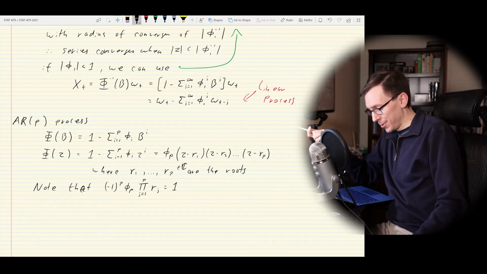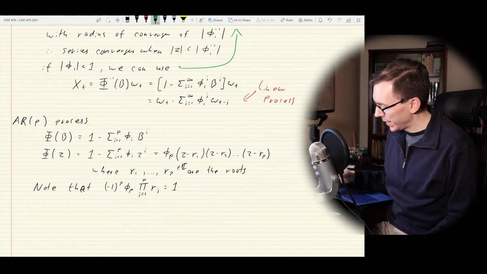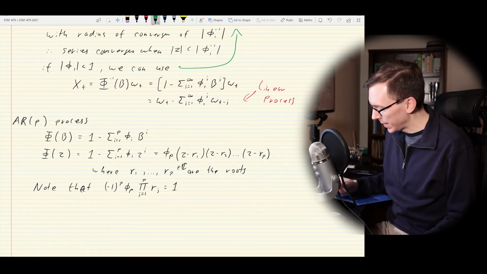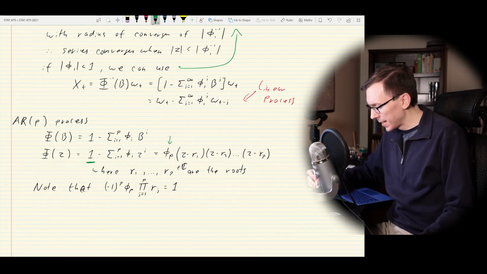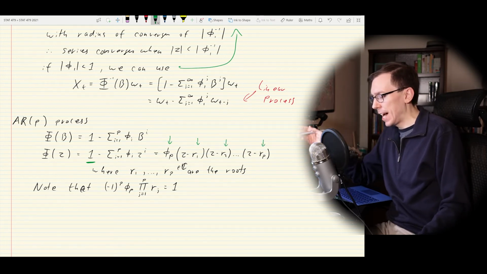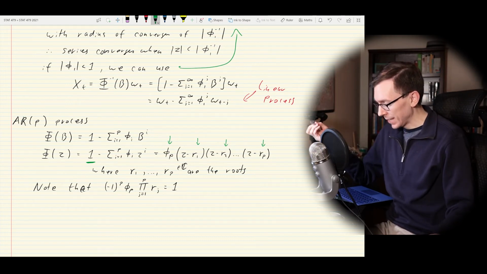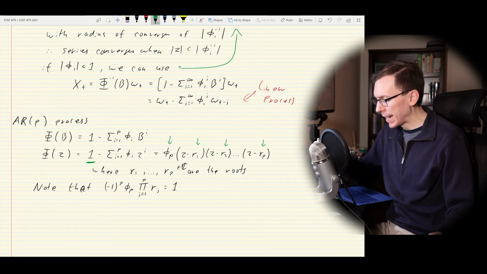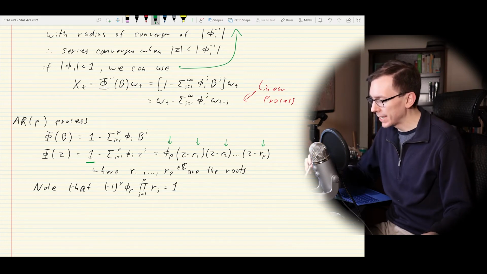So why is that true? Well, if we go back up to this equation for the polynomial here, we know that the constant term, the one that has nothing to do with z, is a 1. So that 1 has to be the product of all of these pieces: all of the roots times phi sub p, the coefficient that I pulled out of the front, have to multiply together with the minus 1s coming in, because we don't know if p is even or odd, to get 1.